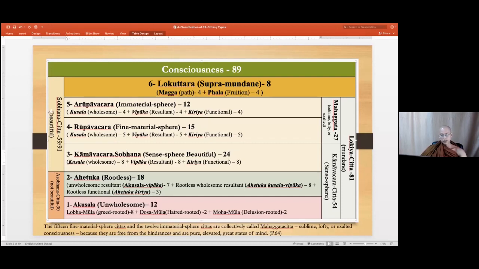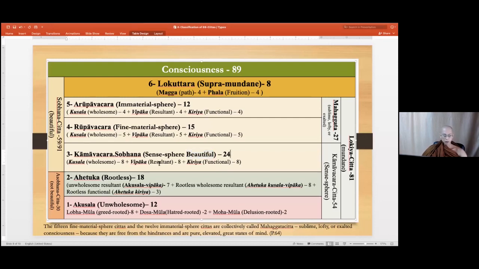Sobhana consciousness, beautiful consciousness. So the third type of consciousness is named the Kama Vachara Sobhana, sense-sphere beautiful. Kama Vachara is sense sphere, Sobhana is beautiful. So altogether, 24 in number.